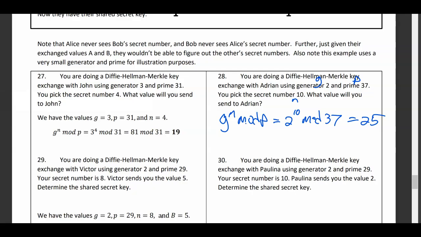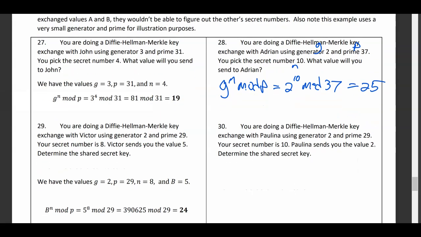So now here we have example 30, where you're doing an exchange with Paulina with, again, generator 2. This time it's prime 29. And you've got your secret number. You have no idea what Paulina's secret number is, but she sends you an exchange value of 2. So your G to the n mod P in reverse, you don't use the G. You use the exchange value.